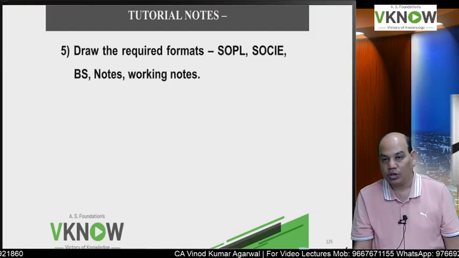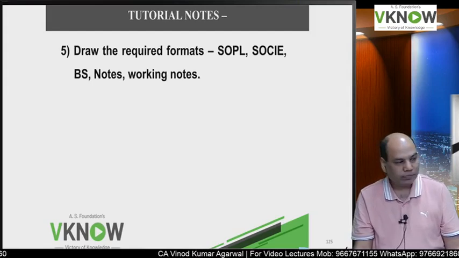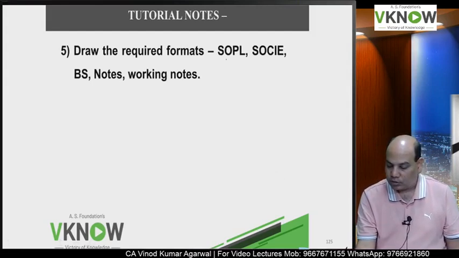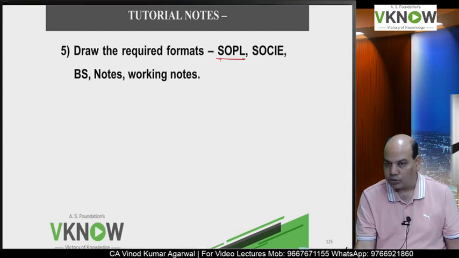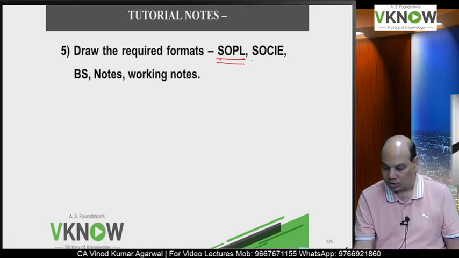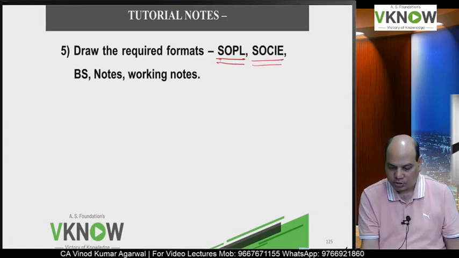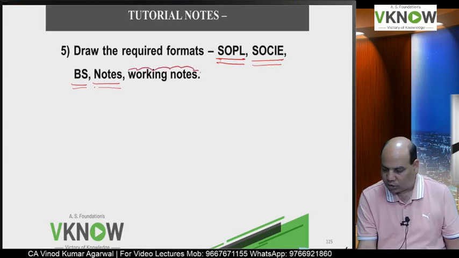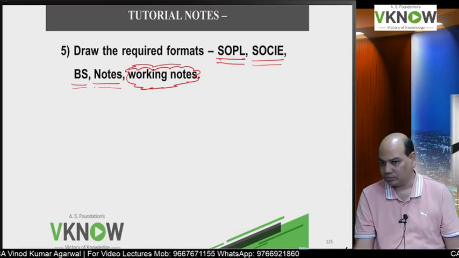Then according to the given question, draw the formats. Usually in this chapter I will require the following 5 formats. At least 4 I will require. SOPL, statement of profit and loss, SOCIE, statement of change in equity, balance sheet, notes. Working note depending upon the question.